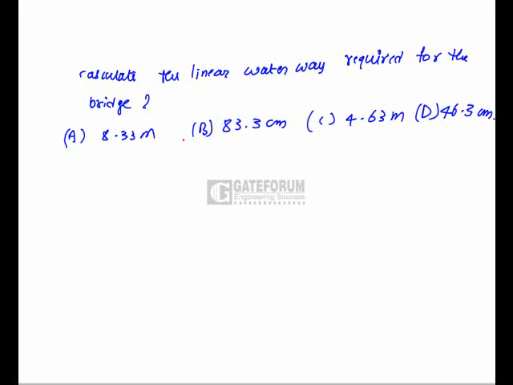We have to calculate the linear waterway required for the bridge. If it is considered as L and D, then L into D is going to be the area of the waterway.